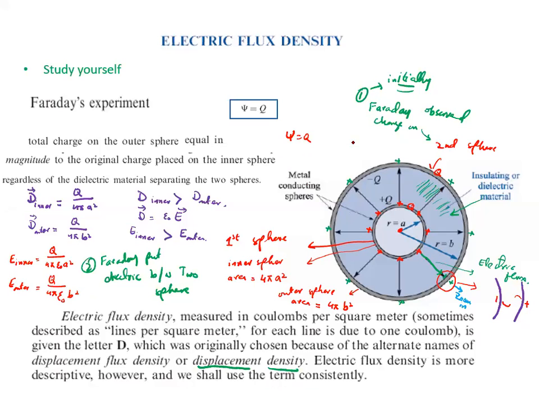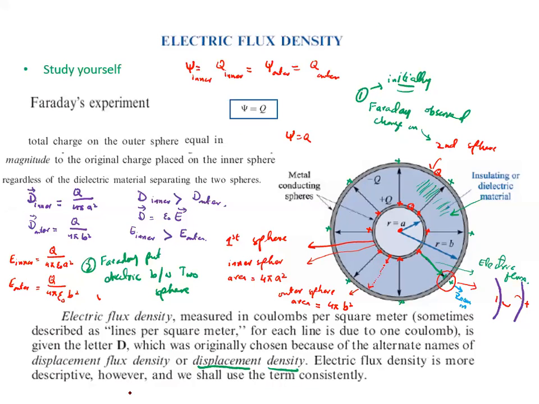Q. So psi inner, which is the charge of the inner sphere, equals psi outer, which is the charge on the outer sphere. Okay, so psi is not going to change. So as you move from the inner sphere to the outer sphere, electric field intensity is going to decrease.